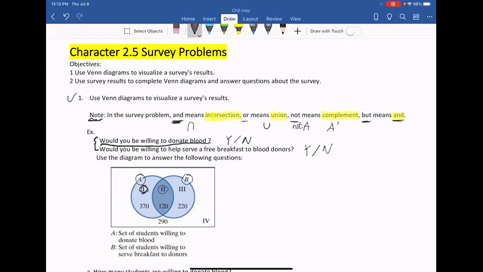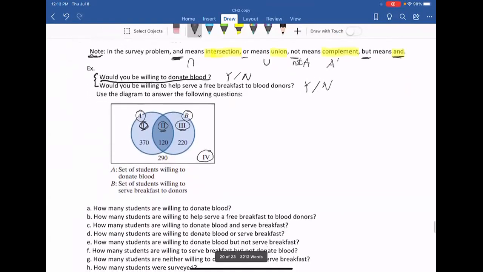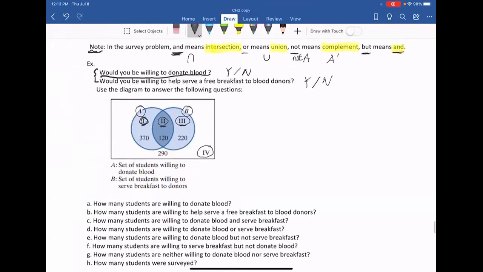And this region means you answered yes to both the first and second question. And region 3 means you only answered the second question yes. And here means you answered no for both of the questions. Okay, so let's answer the questions.